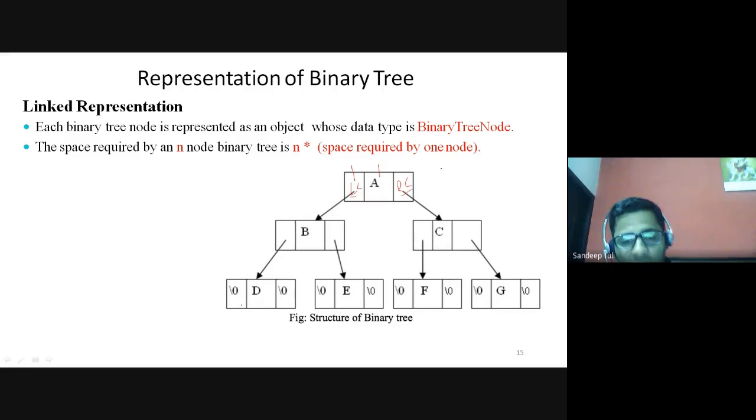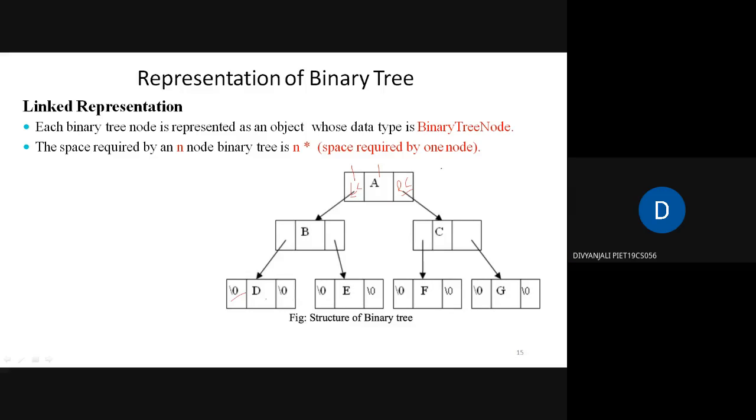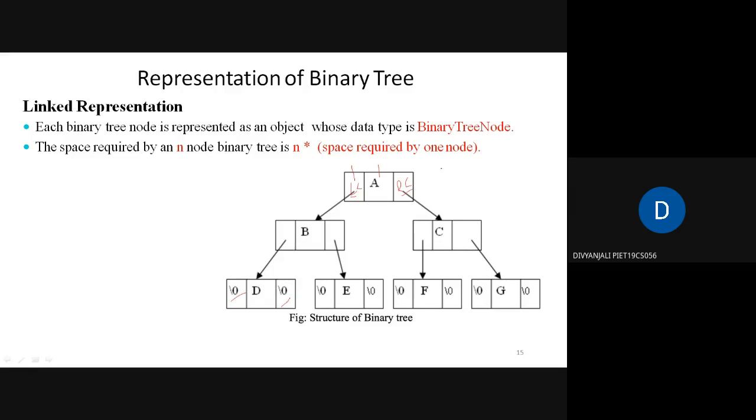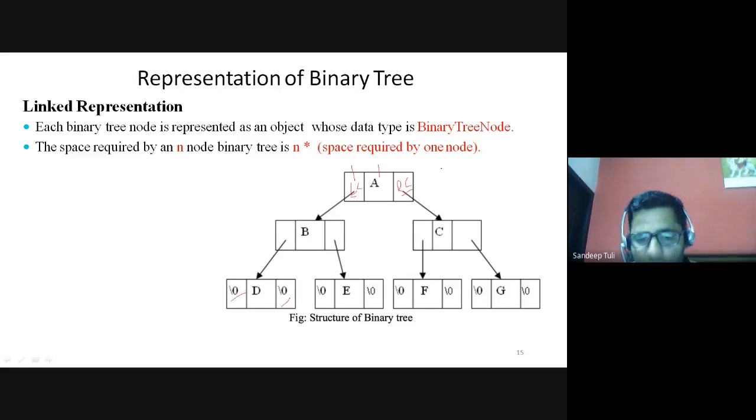Now you see, if the left child is not there, then what we are putting over there is Null. Same, if the right child is not there, then we put null. So for leaf nodes, both the pointers will always be null. And suppose internally we also do not have, suppose C has no left child.